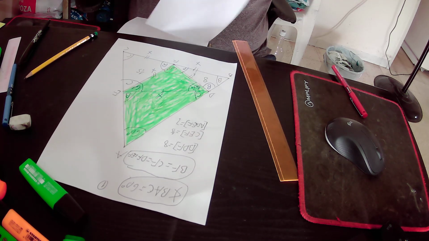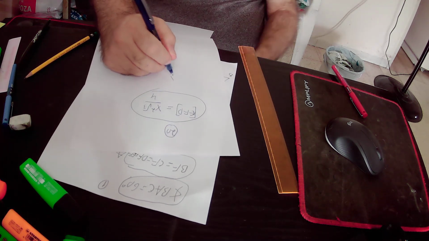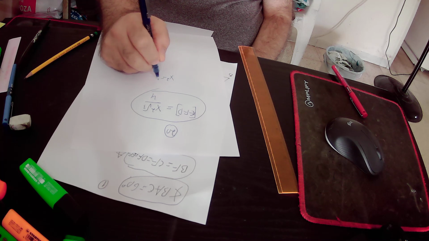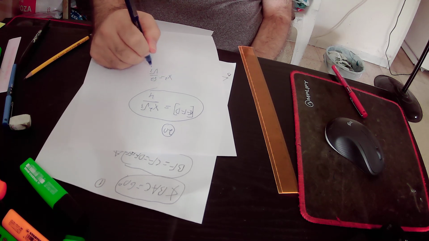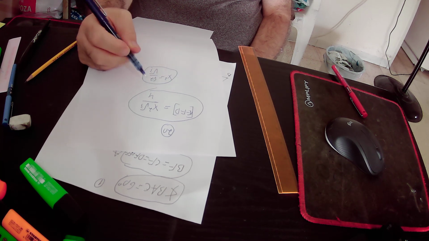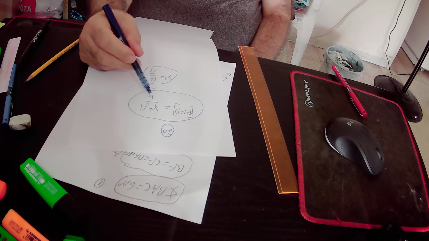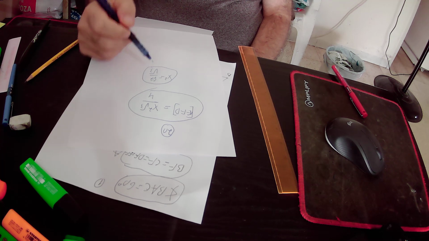But we have already found that x squared equals 52 over root 3. Okay, so we can substitute x squared in this equality by 52 over root 3.